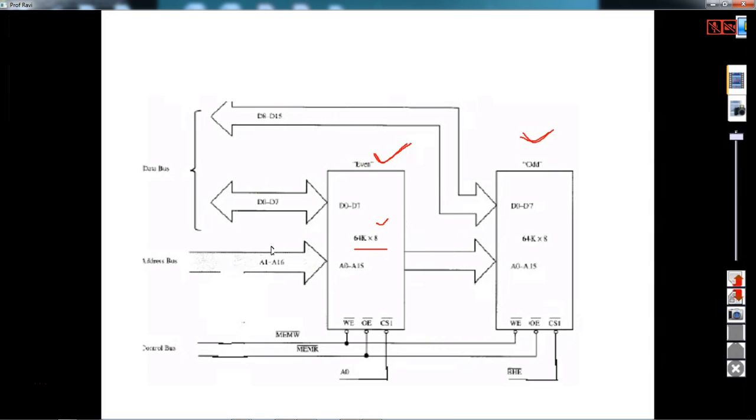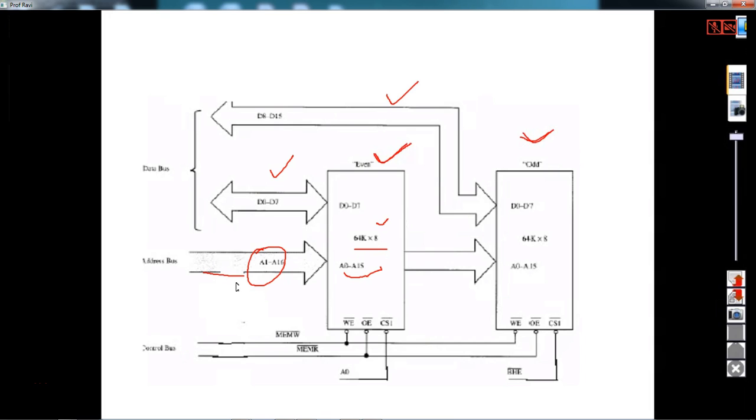If it is 64K by 8, then the address bus, A1 to A16, and 20 address lines in total. So the address lines you will connect here, and data lines D0 to D7 of the processor you connect to the even bank, and D8 to D15 from the processor you connect to the odd bank.